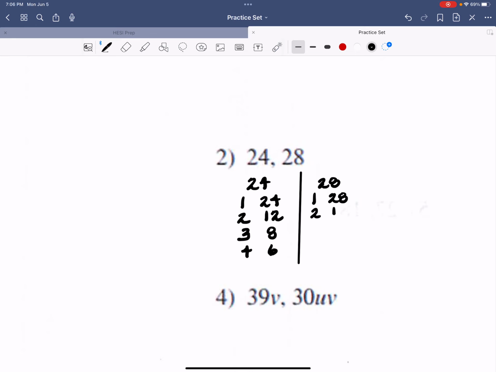We have 2 and 14. And then we have 4 and 7. And then mark your common ones. I'm not even going to mark the 1 because we know that all of them will have that one. Looks like the greatest common factor on this one is the 4.